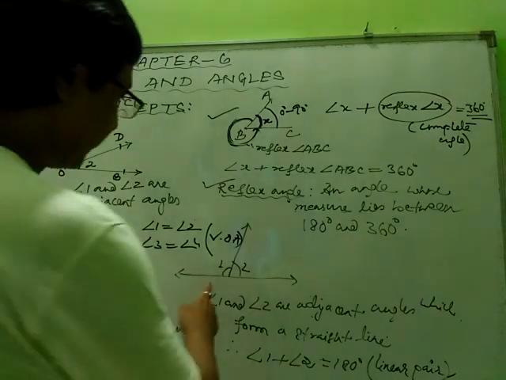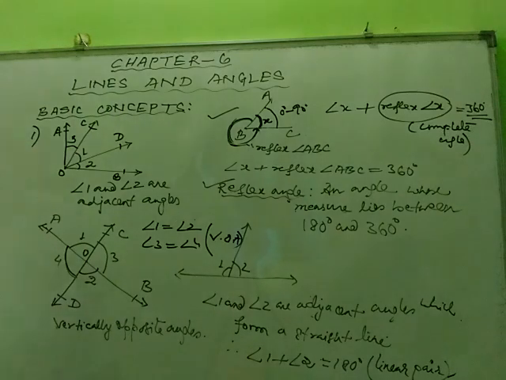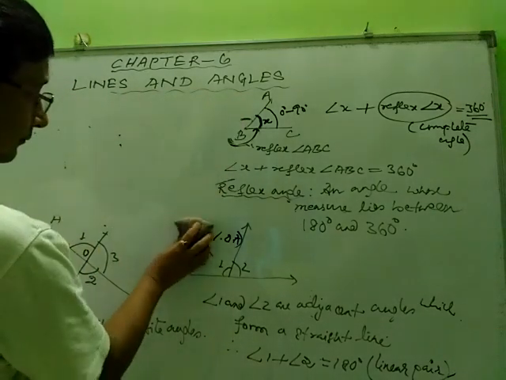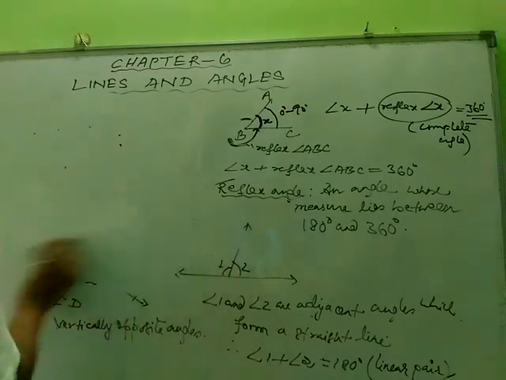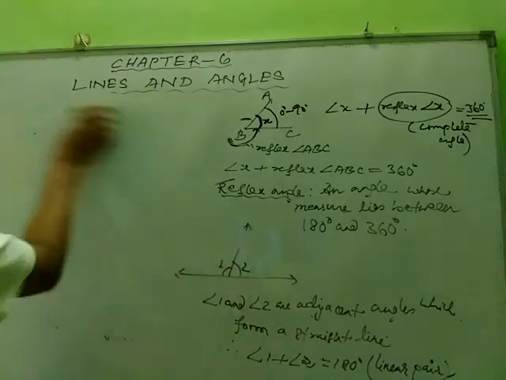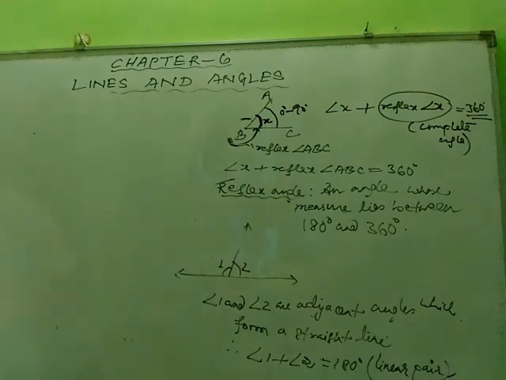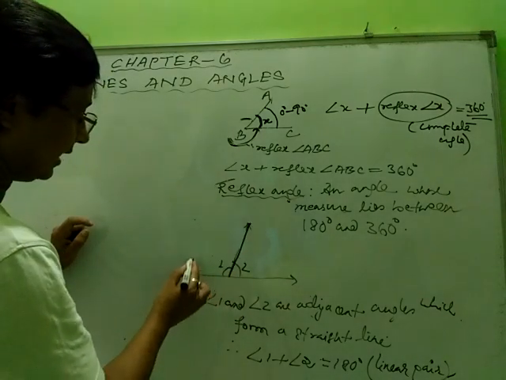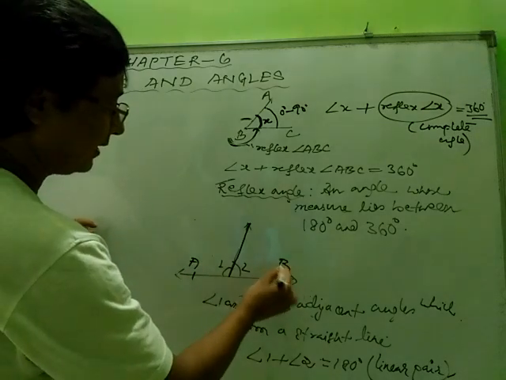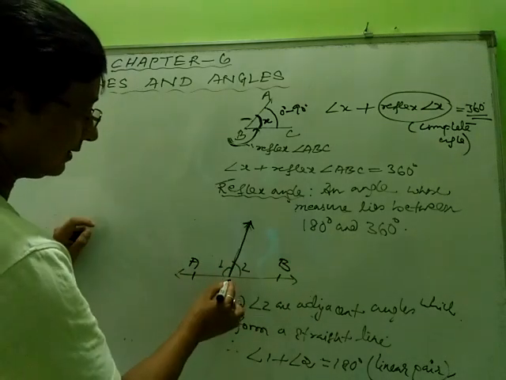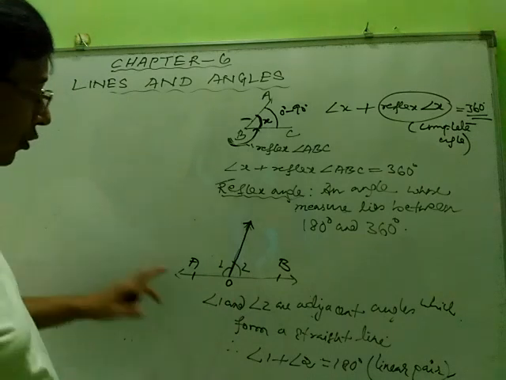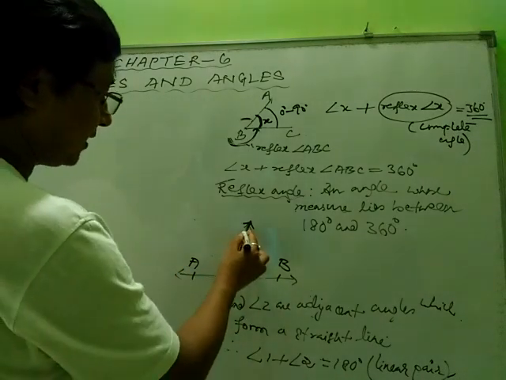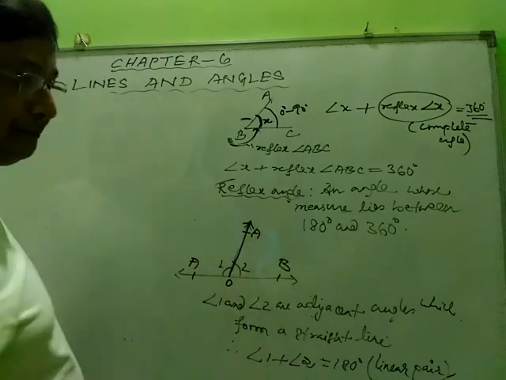Now coming to the next one. Here you have a straight line, say AB, and there is a point O on the line AB. Through O, there is a ray, say OA.